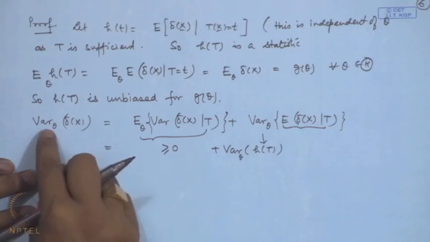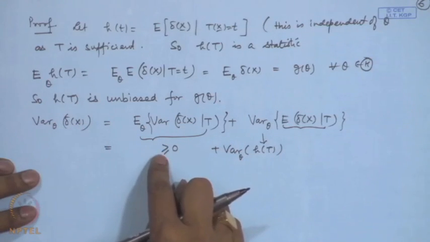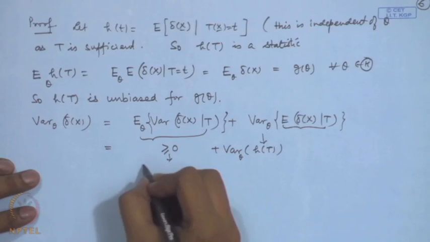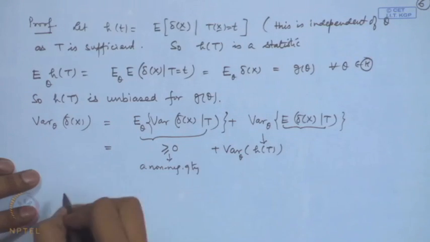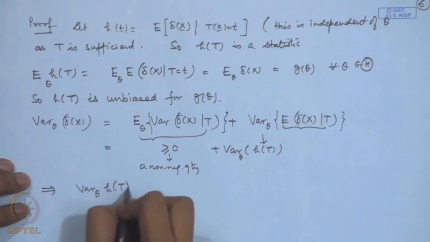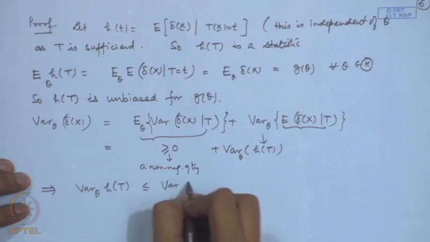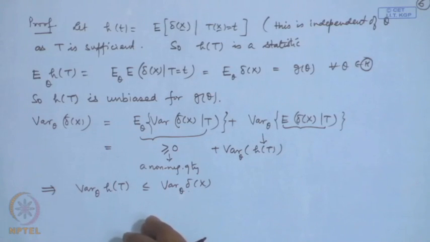So, what we are getting, the variance of delta(X) is equal to the variance of h(T) plus a non-negative quantity. That means, the variance of h(T) is going to be less than or equal to the variance of delta(X). We will give applications of this result a little later.